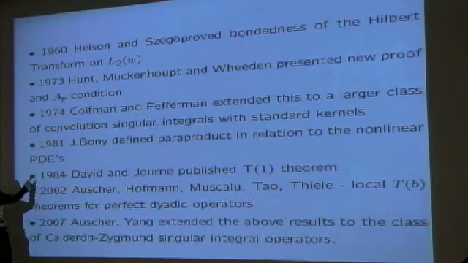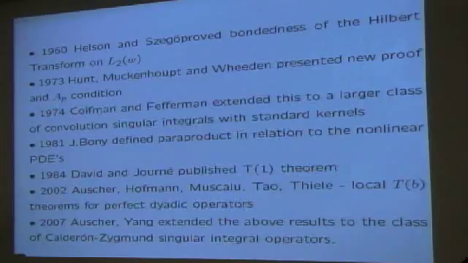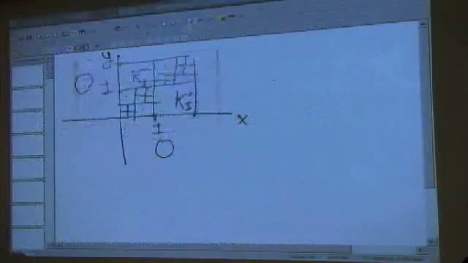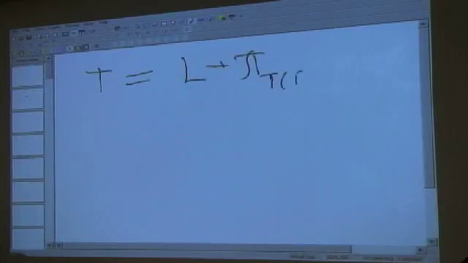But then the important part is the T of 1 theorem of David and Journé of '84, which basically says the following. It says that whenever you have a Calderón-Zygmund operator T, then you can write it as a very nice operator, which is almost a convolution, plus a paraproduct with the T of 1, and plus the adjoint of the paraproduct with T star of 1.